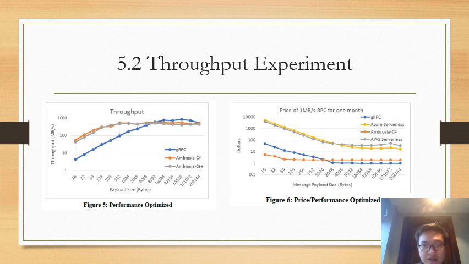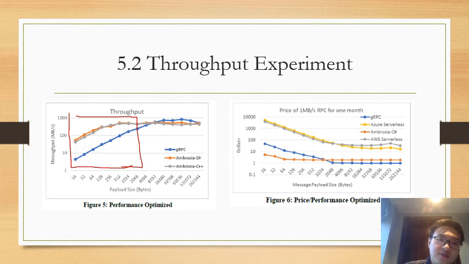From figure 5, you can see gRPC without any notion of failure resiliency is significantly less performant for a small message size. gRPC reaches a really small throughput compared with AMBROSIA.